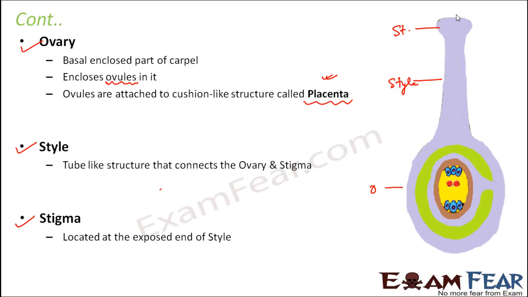That is the stigma. So the stigma is visible, or exposed to the external world. But can you see the ovary? It is a little difficult to see the ovary because the ovary is present deep inside at the center of the flower. So it is not exposed. So this is all about the ovary, style and stigma.